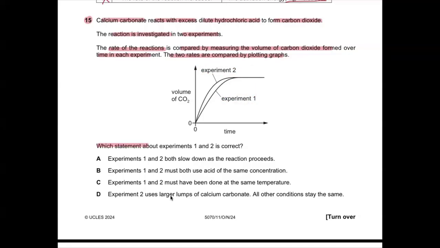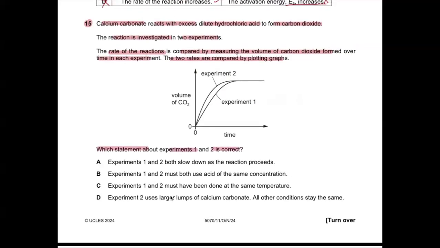Now, which statement about experiment one and two is correct? If you see, the gradient is getting lower and lower, right? So experiments one and two both slow down as the reaction proceeds. That explanation is completely perfect for both curves.